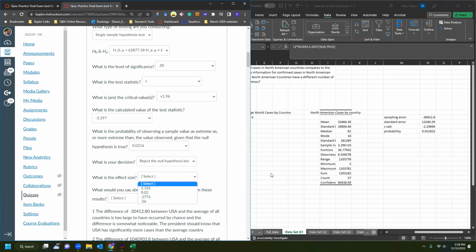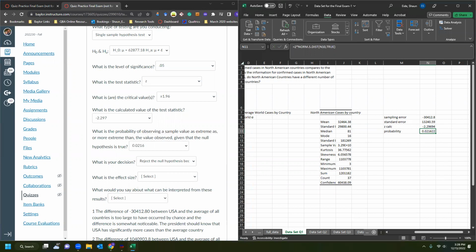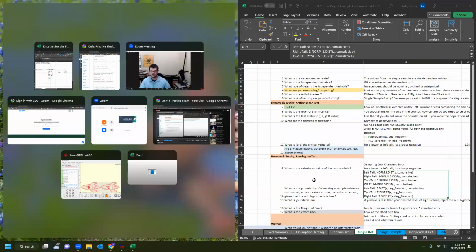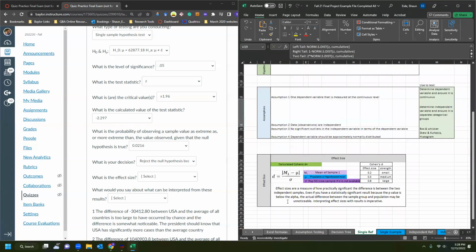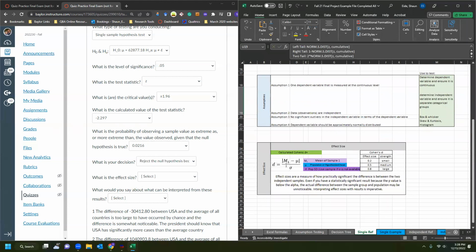What's the effect size? Well, that's a great question. What if I had a really great resource that told me how to calculate the effect size? The effect size, you take the right here, M minus mu, okay, divided by the standard deviation.